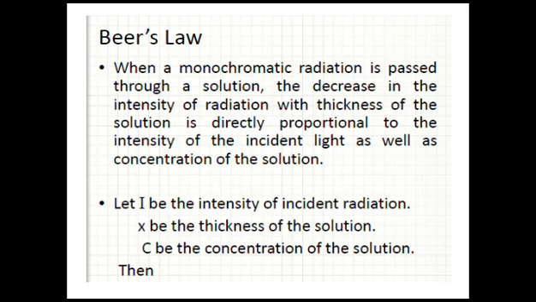Beer's law. When a monochromatic radiation is passed through a solution, the decrease in the intensity of radiation with the thickness of the solution is directly proportional to the intensity of incident light as well as the concentration of the solution. So we consider I the intensity of the incident radiation, x the thickness of the solution, and C the concentration of the solution.